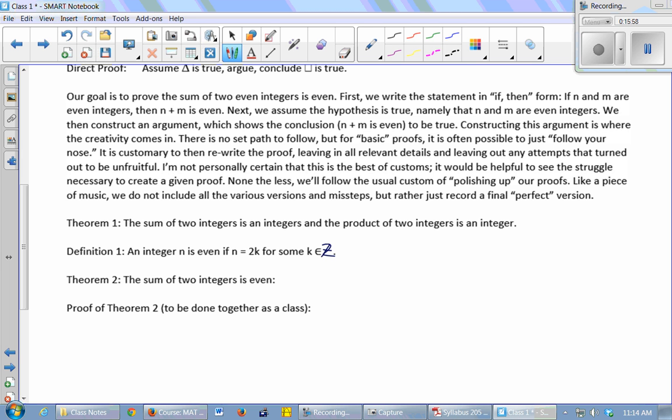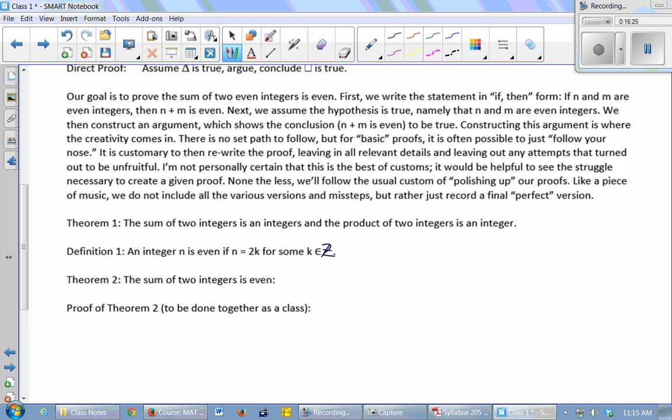It may not be the best of customs. It would probably be helpful to see the struggle necessary to create a given proof. But nonetheless, we're going to follow the custom of polishing up our proofs. Like a piece of music, you don't include all the various versions and missteps that you didn't like. You just record one final perfect version of your song.